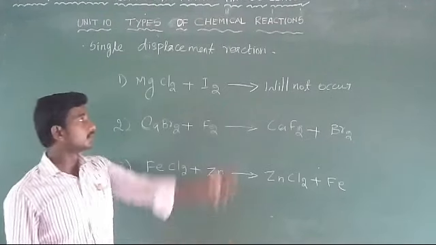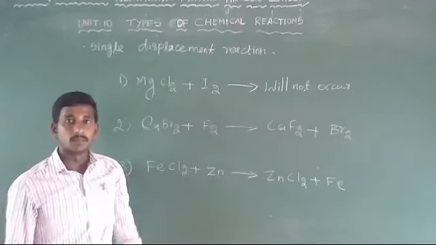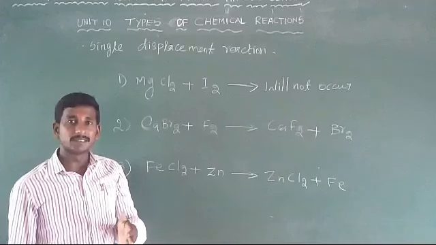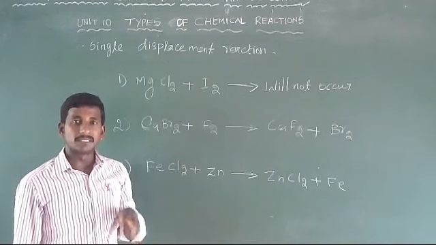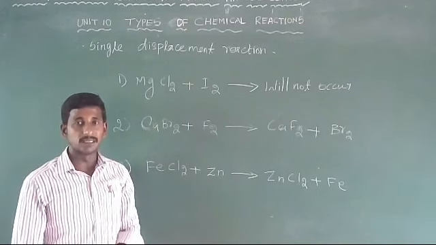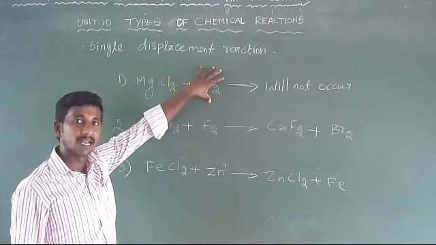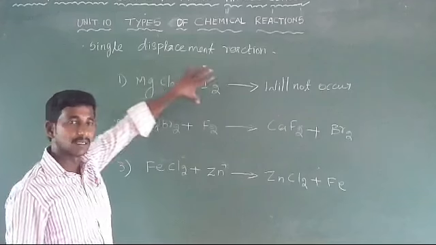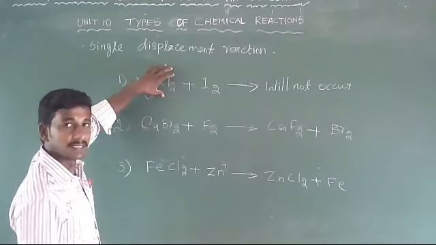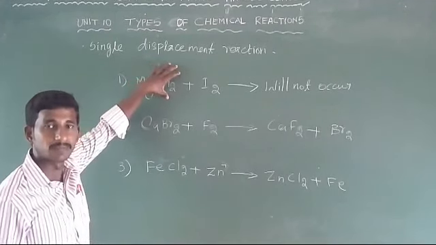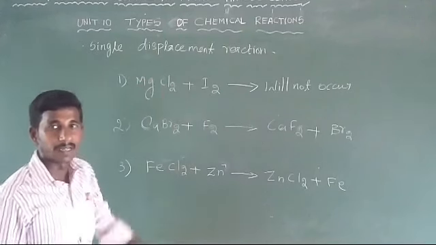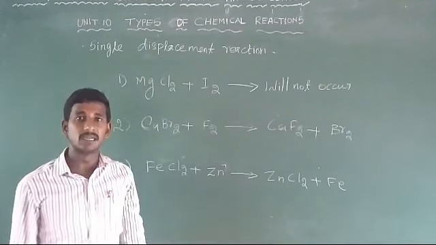A single displacement reaction means a more reactive element displaces a less reactive element from its aqueous solution, and a reactant element displaces an element present in the compound reactant.